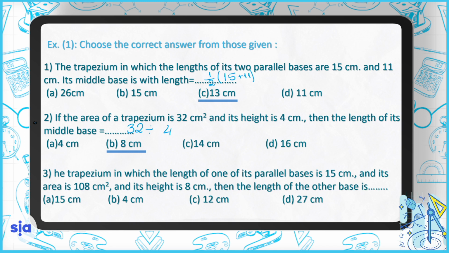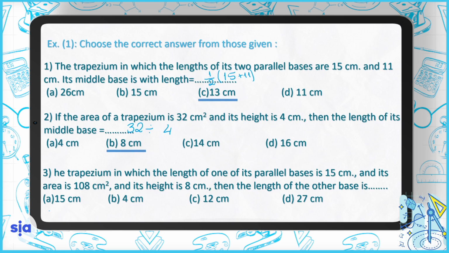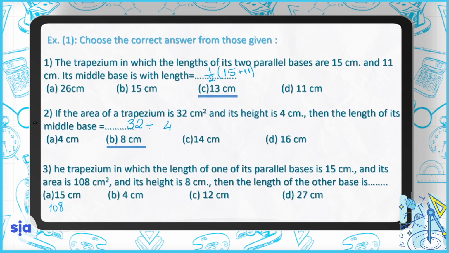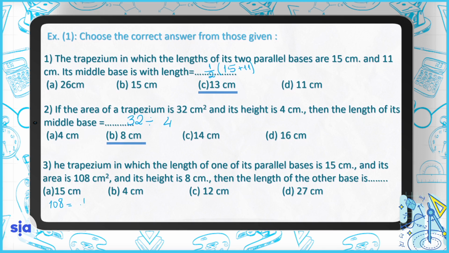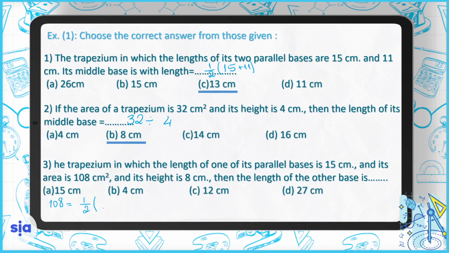We know that the area of the trapezium, the 108, is half base 1, which is 15, plus the other base, which I don't know, so we're going to call it B, multiplied by the height, which is 8. So 15 plus B equals 108 divided by 4.